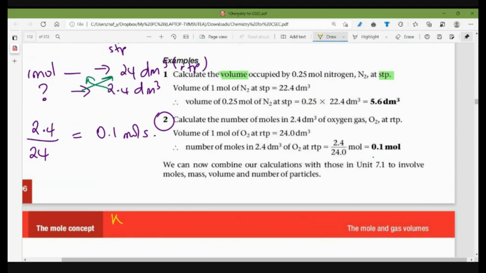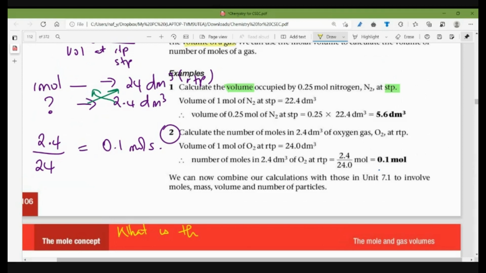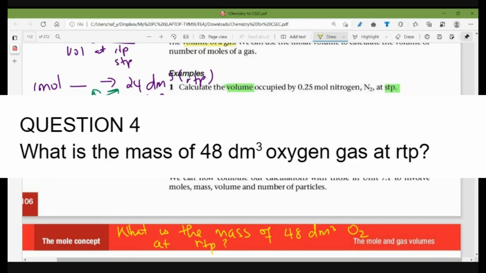So what is the mass of 48 dm cube of oxygen gas at RTP? How would you solve that one? Think about it. 1 minute.